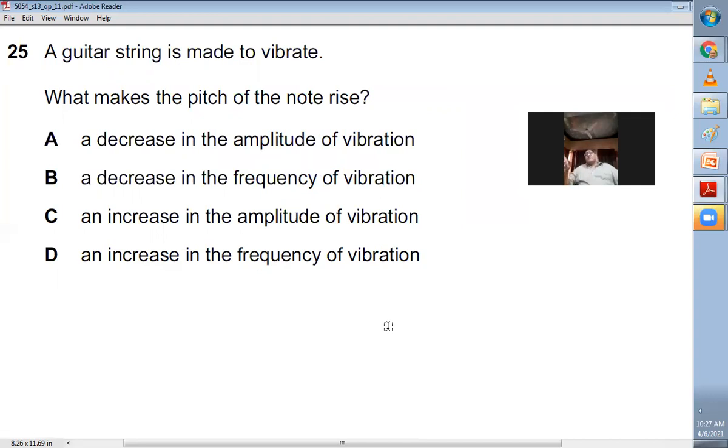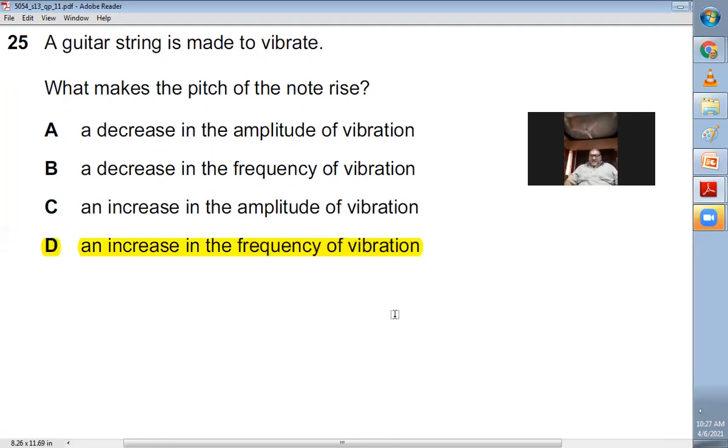To make the pitch rise, the frequency of the vibration should increase. An increase in the amplitude of vibration is wrong. An increase in the frequency of the vibration is correct. So D is the right answer. Question number 25, D is the right answer.